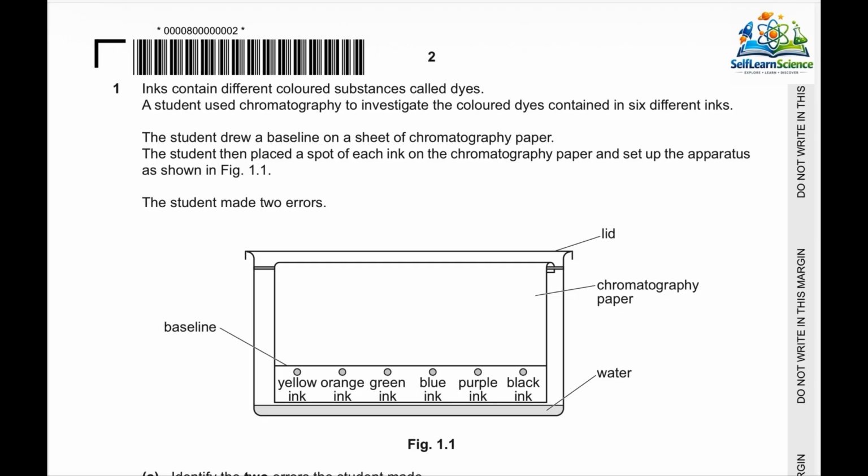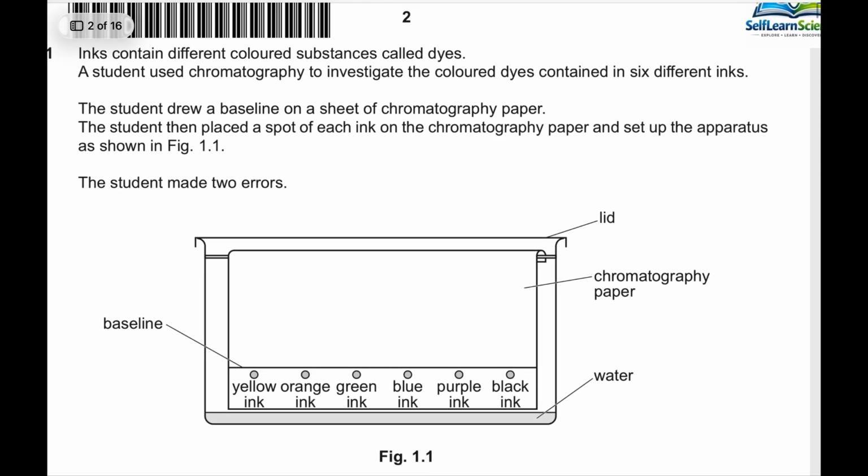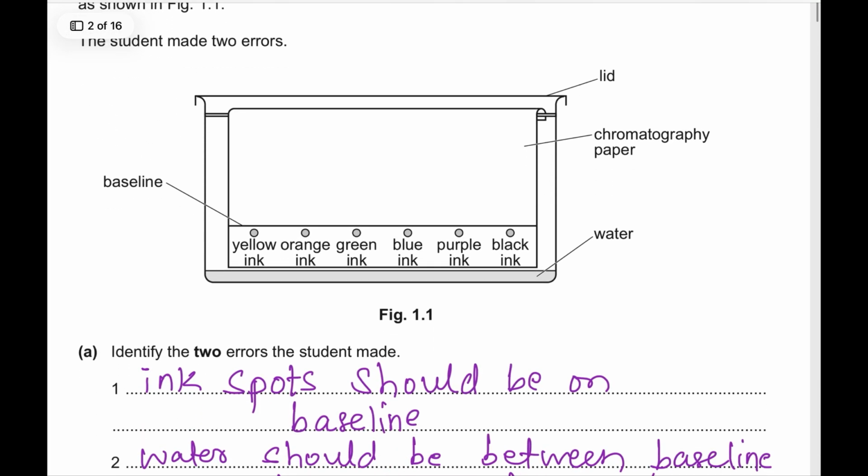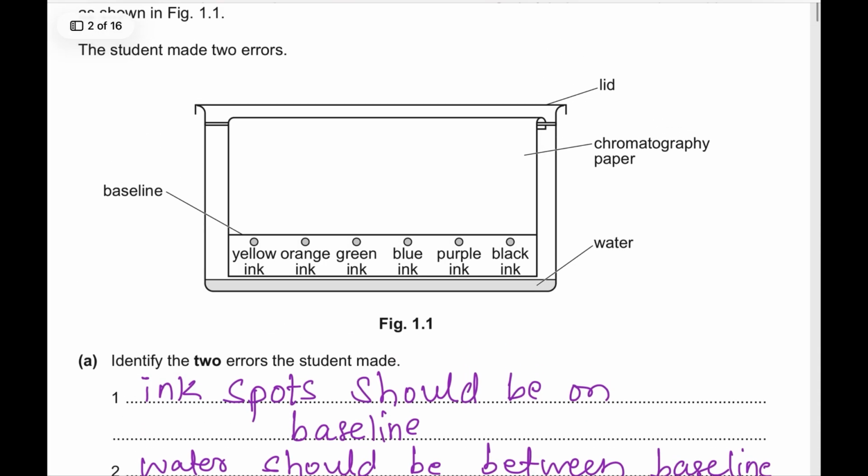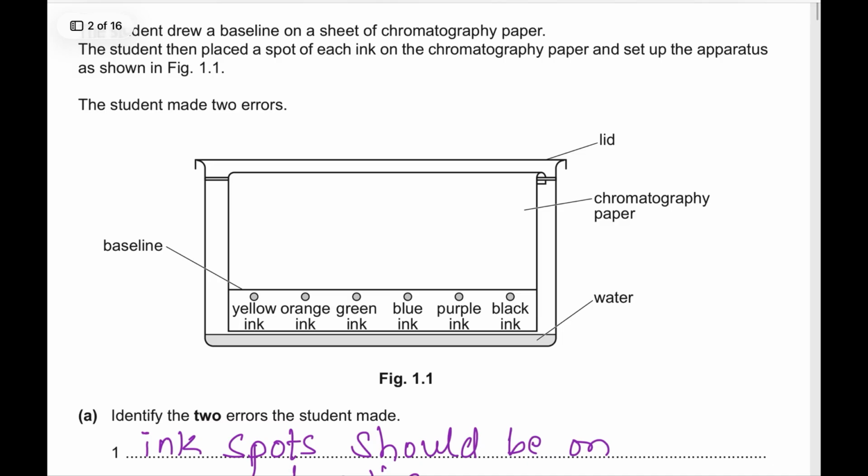So a chromatography experiment is given to us, and we have to see the diagram to find what errors are being made, and note down the errors made by the student. We know that the sample spots are always placed on the baseline. You can see in the diagram it is below the baseline.